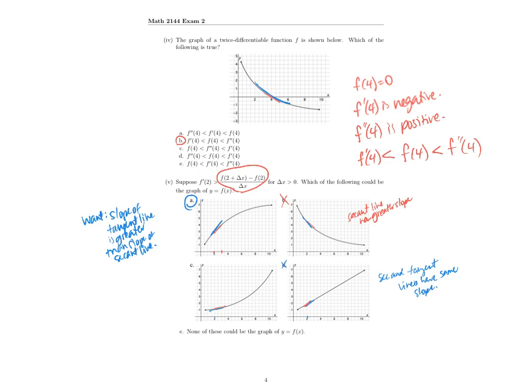If you're less steep but you're negative, that means you're closer to 0, so you're greater. What about here? Here the secant line is steeper than the tangent line. And then this one, they're equal. So the answer is A.